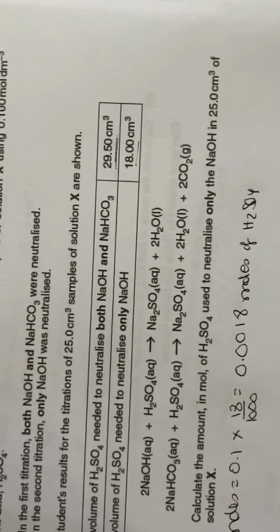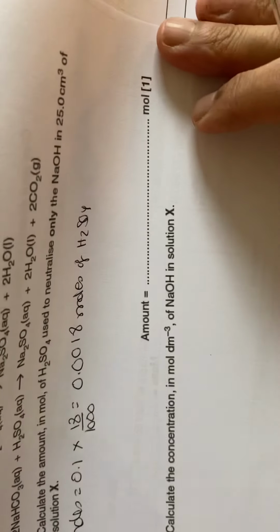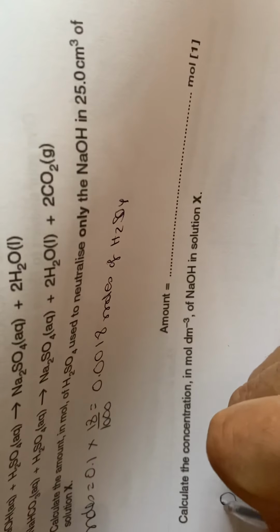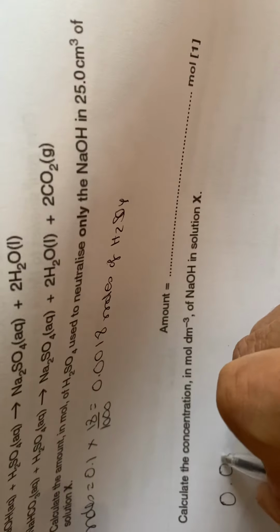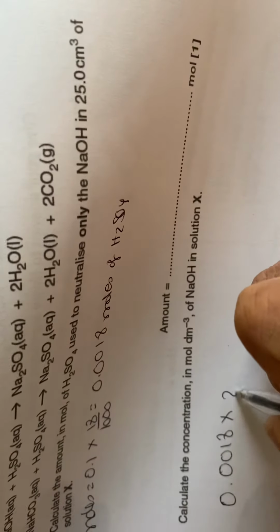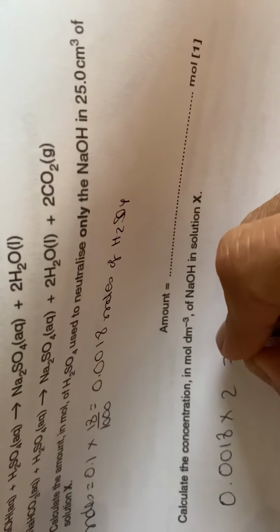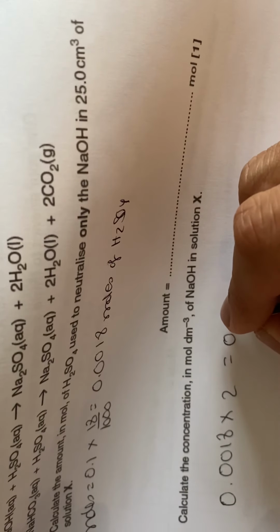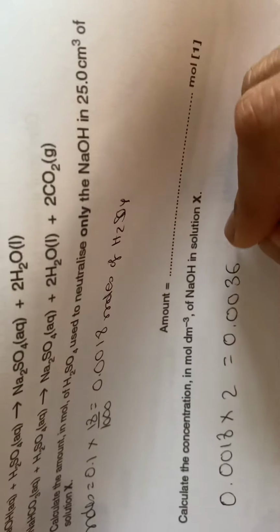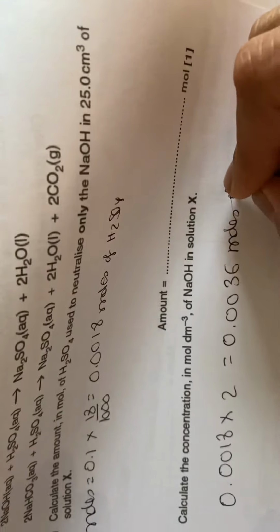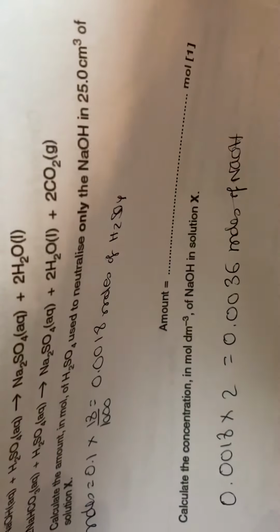Therefore the moles of sodium hydroxide will be 0.0018 times 2, which equals 0.0036 moles of sodium hydroxide used.